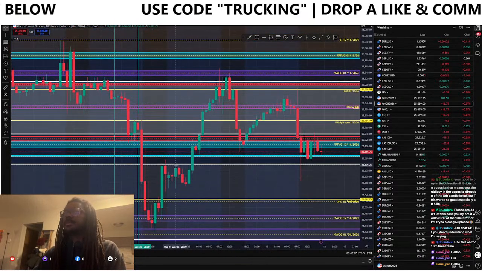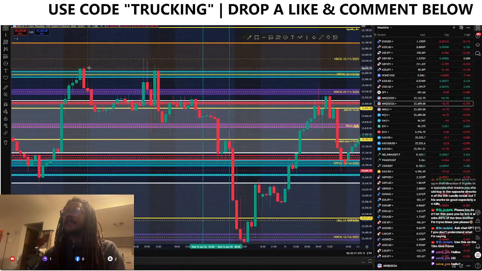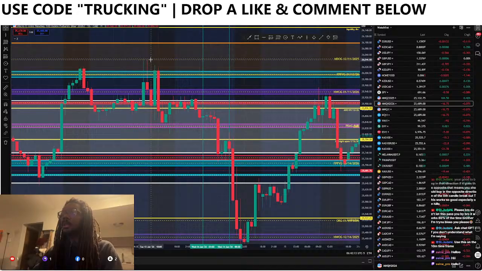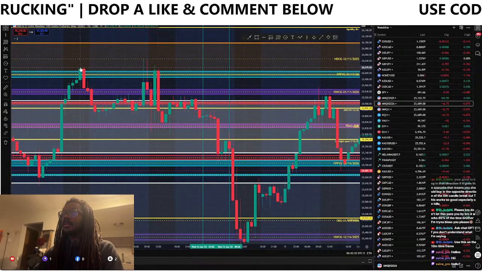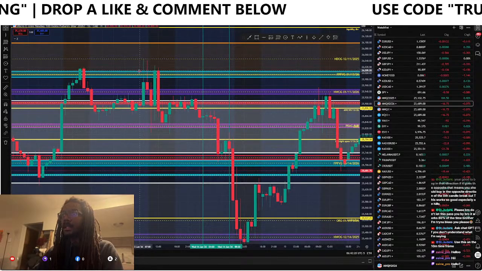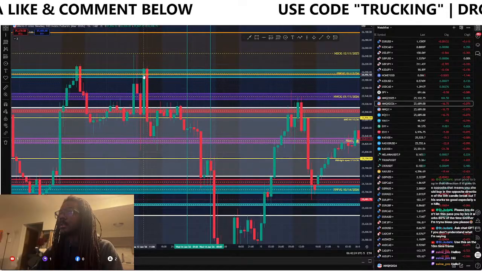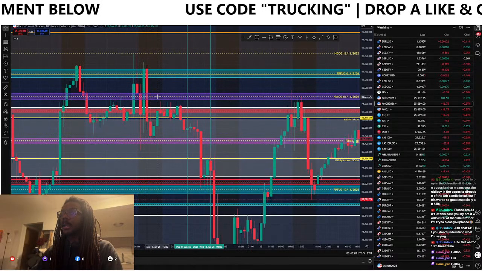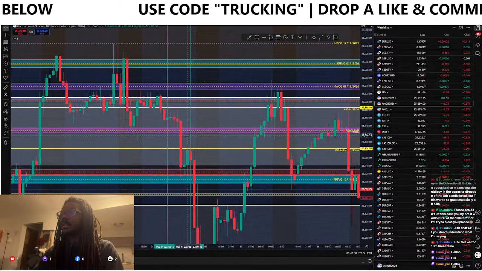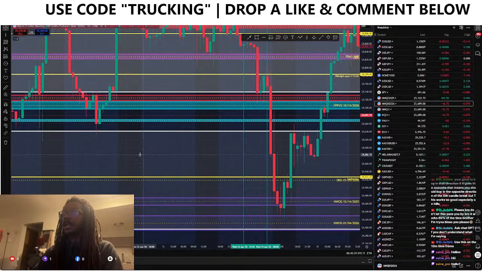Okay. So as you can see, Wednesday was kind of like a continuation day because we swept this liquidity on the 1 hour, right? These two candles rejected after sweeping this liquidity, right? Then these two candles on the 1 hour pretty much tested these wicks. These wicks held them down, and then price started to just continue going to the downside, going into Wednesday, right?